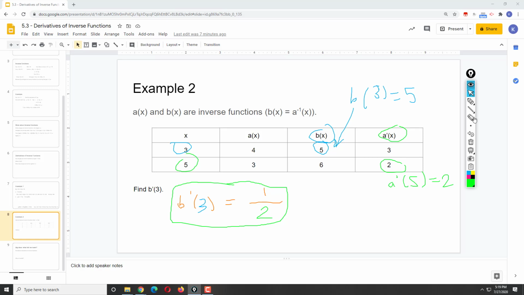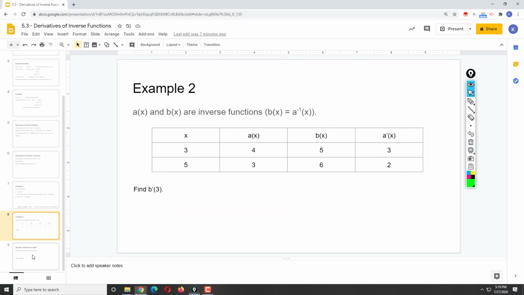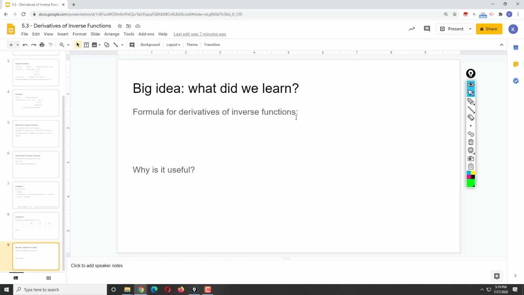So what did we learn? We learned that given inverse functions, the derivative of a is 1 over the derivative of b of a of x, if a and b are inverse functions. Why is this useful?